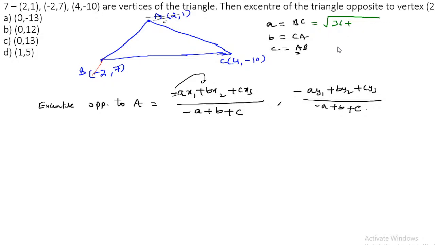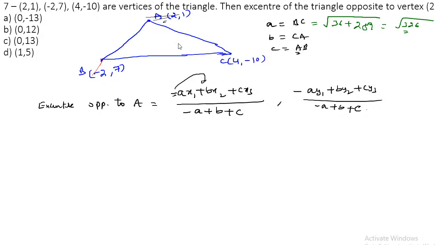What is 17 whole square? 17 into 17 is 289. Root of 289 plus 36 is equal to 326.